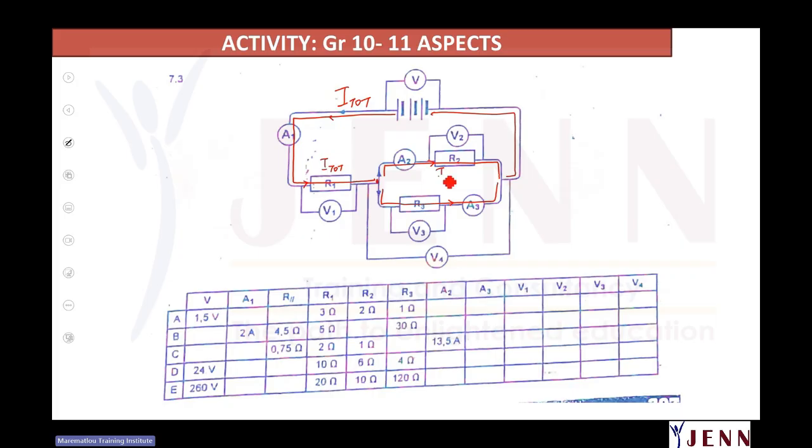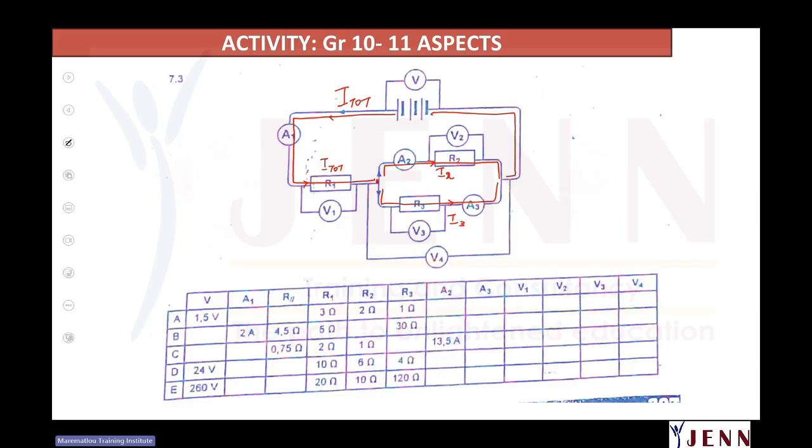That means there is I in resistor 2 and I in resistor 3, so that's I2 and I3. Resistor 2 and resistor 3 are connected in parallel, and their effective resistance is connected in series with resistor 1. So this is a dual connection.